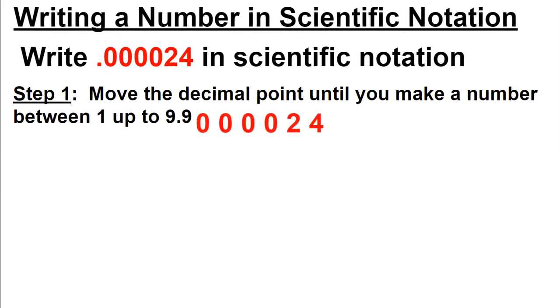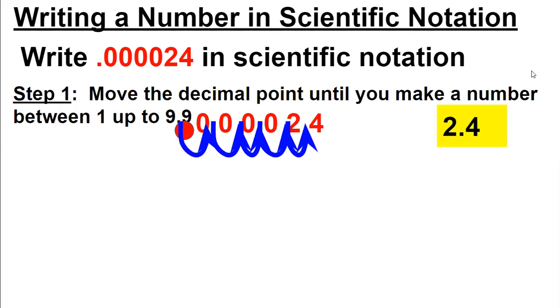So there's our number. There's our decimal point currently. So we're going to move 1, 2, 3, 4, 5. We're going to stop there because we have the number 2.4 when we move the decimal, and that's a number between 1 and 9.99. So 2.4 is going to be the number we use.